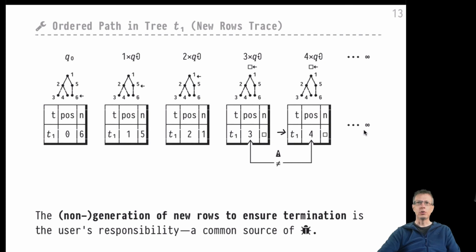Okay, so the generation of new rows is something that will spoil the nice termination logic that we had in our original query. And let me remind you that this is a common source of bugs with recursive queries.